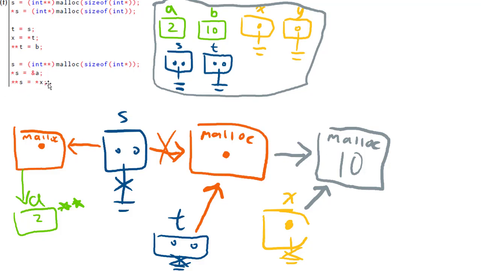It's equal to dereference X. Dereference X is 10. Okay, if dereference X is 10, we need to cross out this value and then store 10 inside. So this is the final answer. So in the end, the variable A will have the value of 10. Okay.